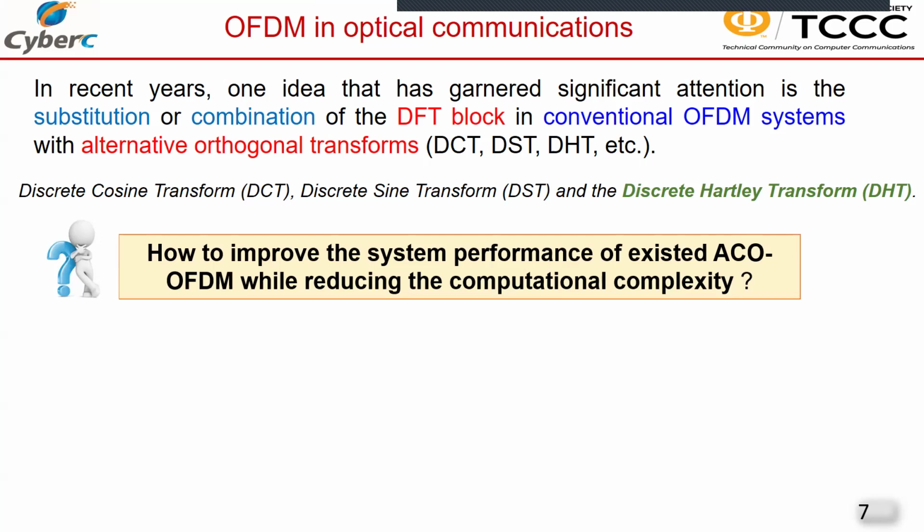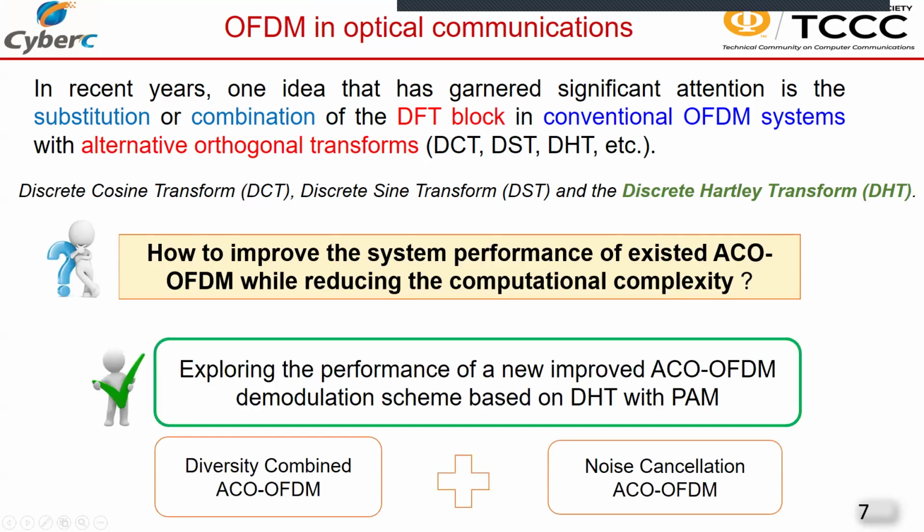The DHT, in particular, is notable for its real valued nature, requiring only real arithmetic operations. This makes it especially suitable for real signal values, such as those used in binary phase shift keying, BPSK, modulations, and optical communication systems.